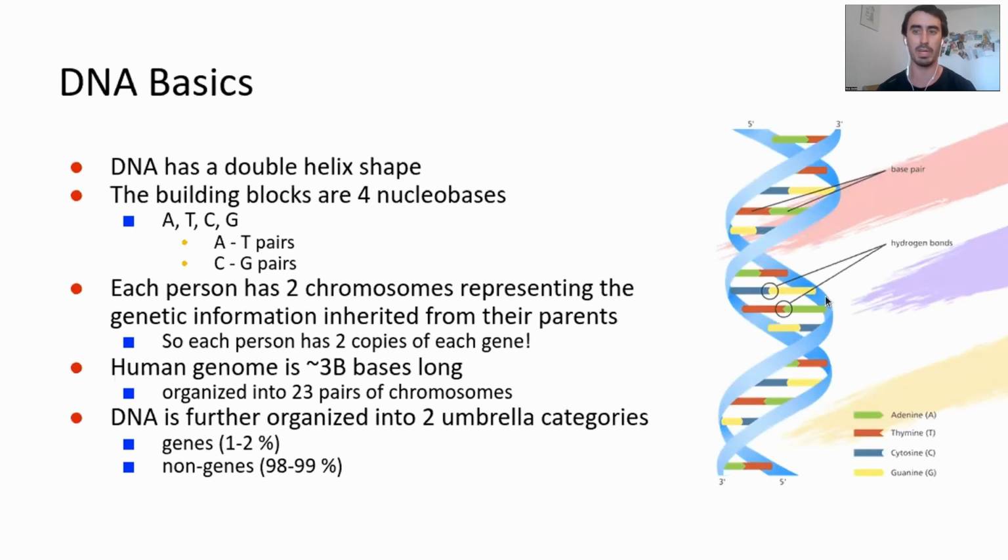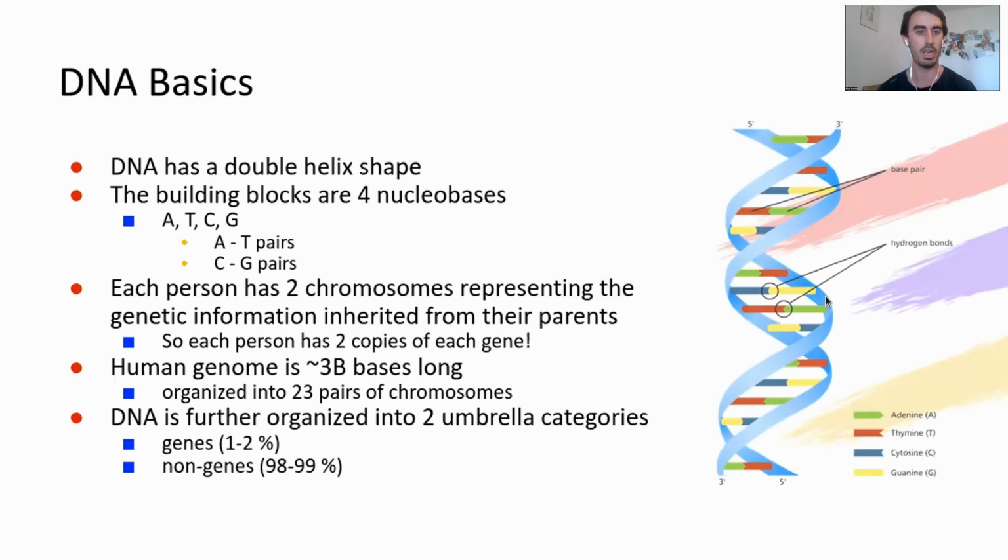These can be represented by the letters A, T, C, and G. And note that these bases form specific special bonds. So A and T are always bonding together, and G and C bond together. In fact, if you look at this picture, you see red and green always paired together, and blue and yellow always paired together, but not A and C or G and T.